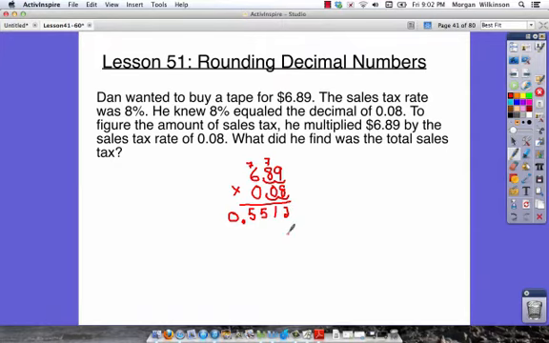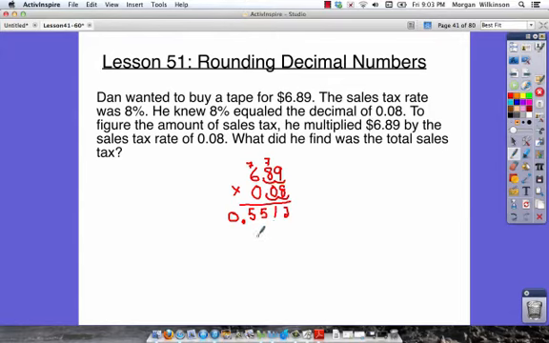But we know when we talk about money and cents specifically, we can only have hundredths of a cent. So this question is asking us, is it closer to 55 cents or is it closer to 56 cents? Look at that number. Is 0.5512 closer to 55 cents or 56 cents?